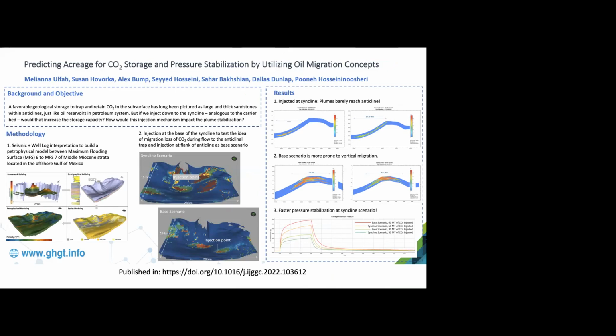This is an SPE event, so I'm pretty sure everyone's familiar with the concept of source rock and reservoir. Usually when the oil migrates from the source to the reservoir, some fraction of the oil is lost in the migration, in the carrier bed, and we call it a migration loss. I'm using that concept and applying it to CO2 storage.